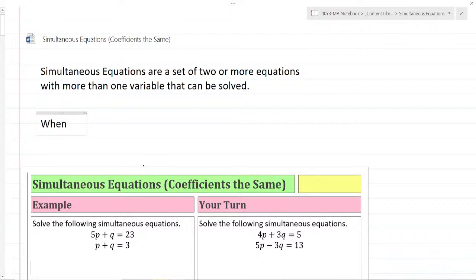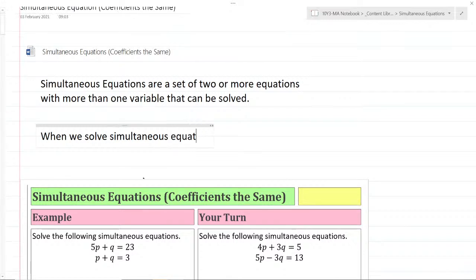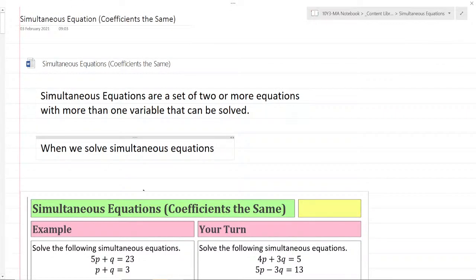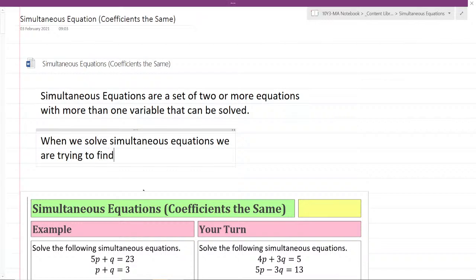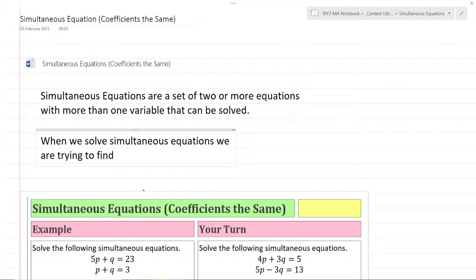So when we solve simultaneous equations, we are trying to find all of our unknowns.